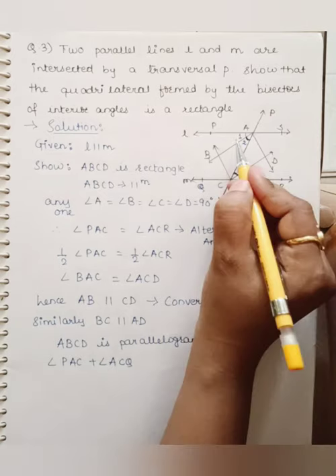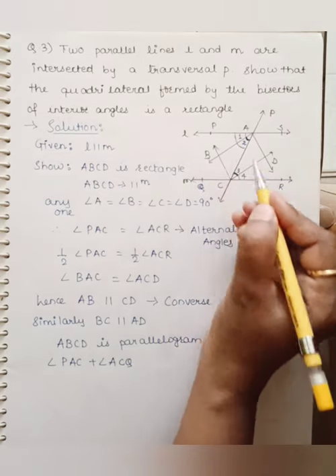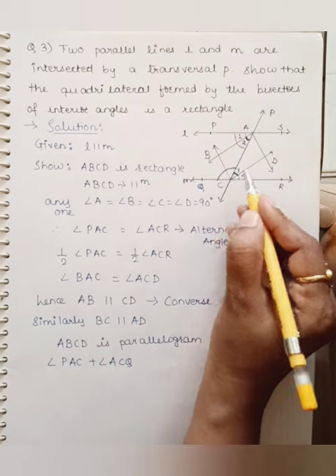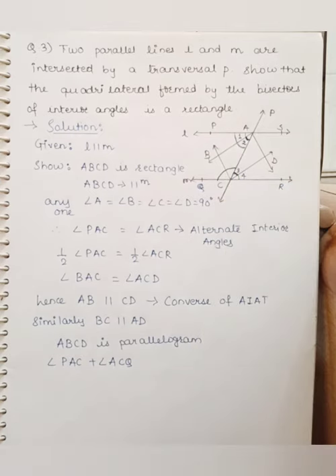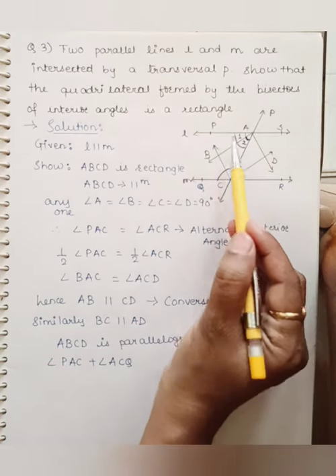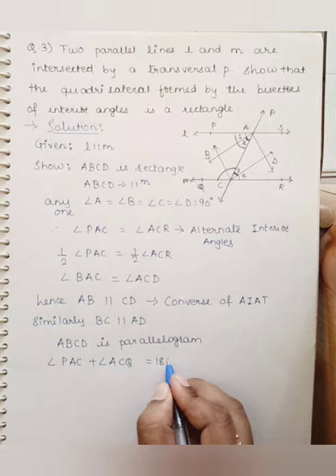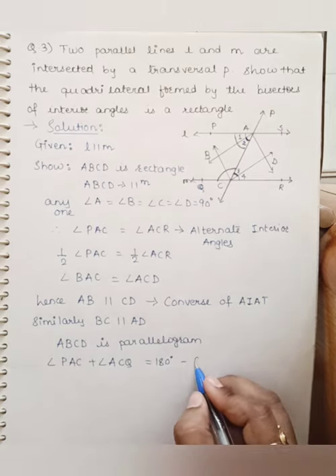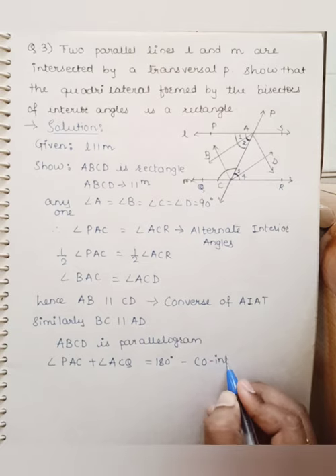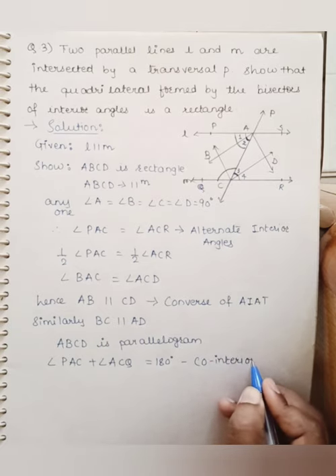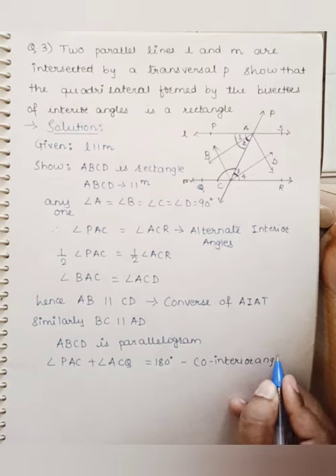Okay, PAC means this complete angle, whereas ACQ means this complete angle. So will the two angles' sum be 180? Yes, because both are angles falling on the same side of the transversal, isn't it? Yes. So the reason you will write is because they are co-interior angles.